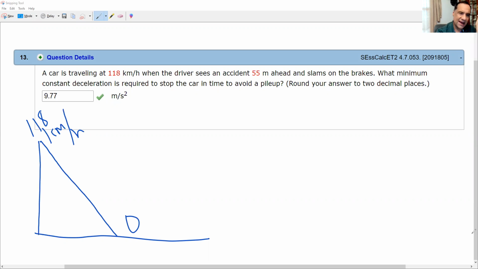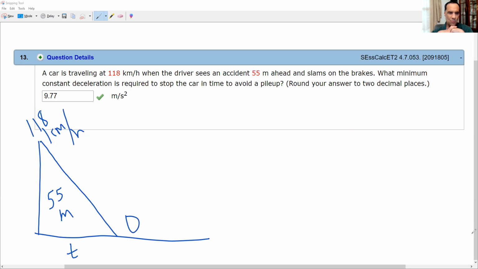Now, I don't know how long the time is, but we know the distance is 55. What you're going to realize upon further review is that the distance is represented by the area under that velocity.